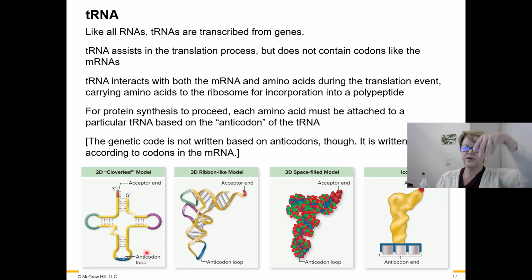The anticodon is complementary to the codon. So, for example, if the codon is AUG, then the tRNA that carries methionine, which is the start amino acid, has the anticodon UAC.